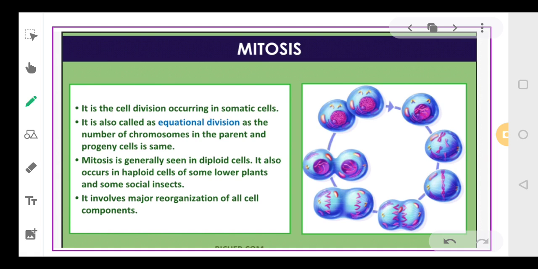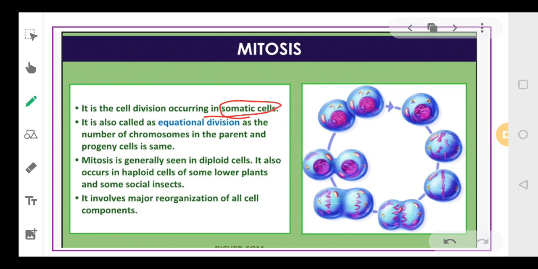So as I told you, it is a cell division that occurs in somatic diploid cells in animals, while in plants it occurs in both diploid and haploid cells.